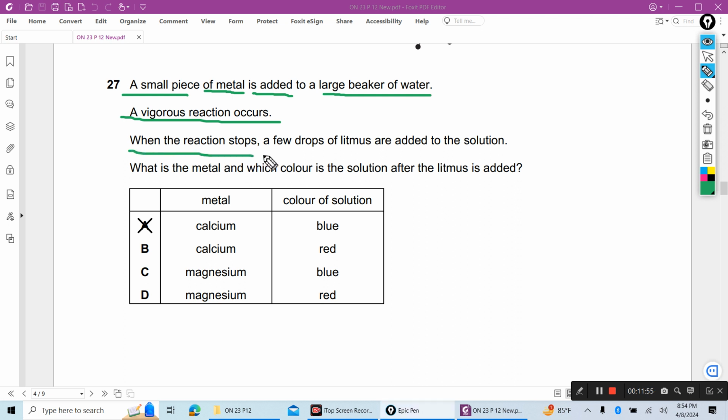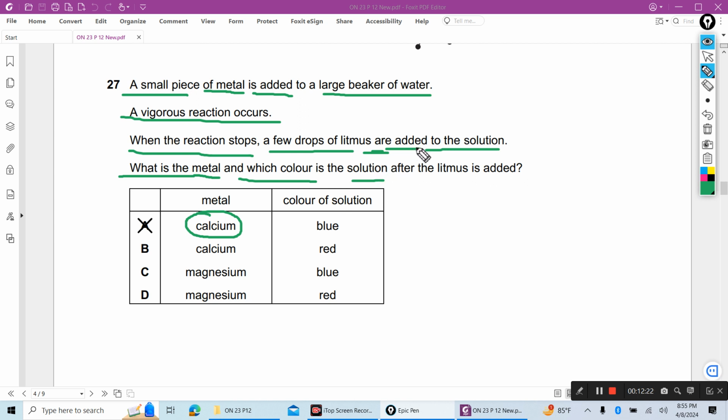When the reaction stops, a few drops of litmus are added to the solution. Which is the metal and which color is the solution after the litmus is added? As a vigorous reaction occurs, magnesium and calcium are the most reactive, so answer A.